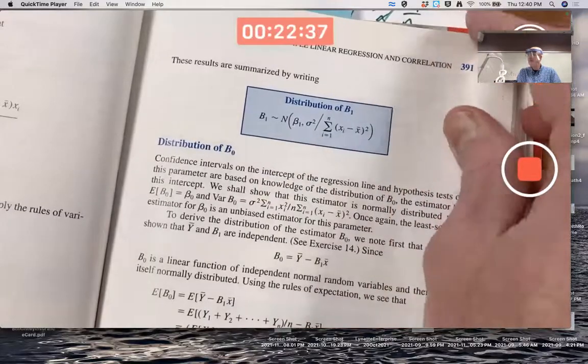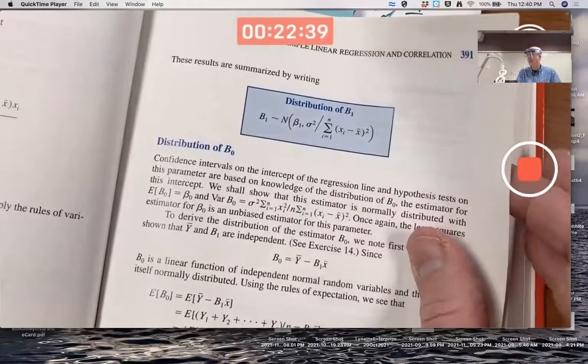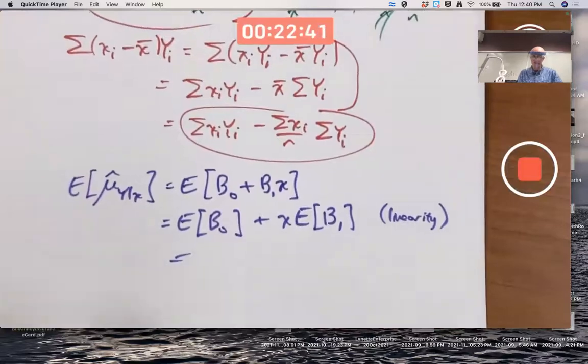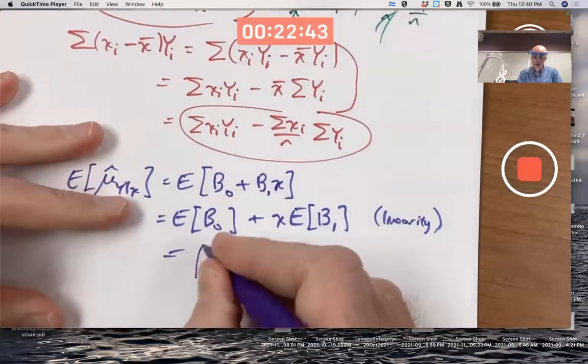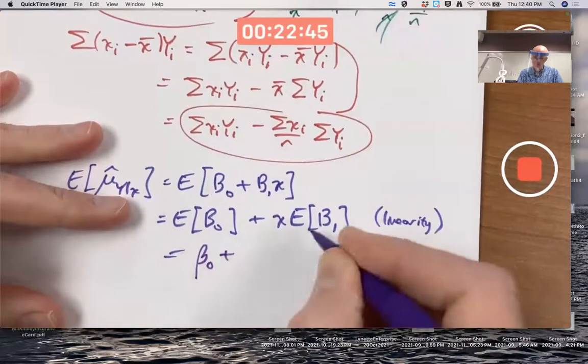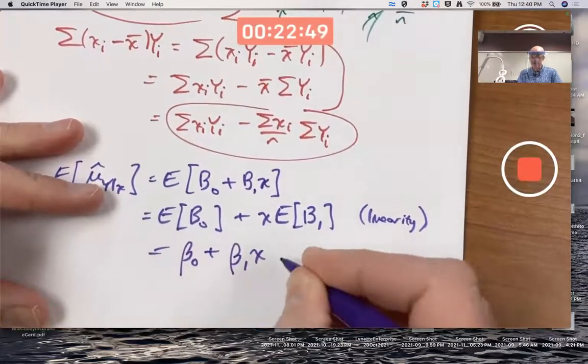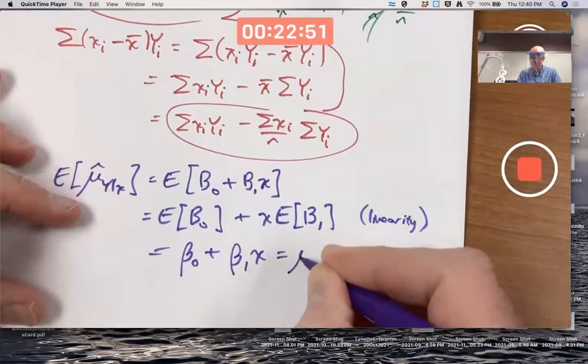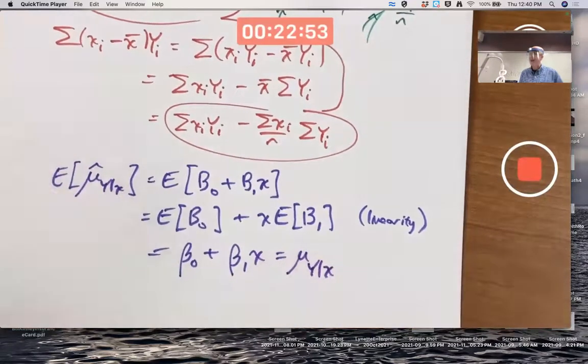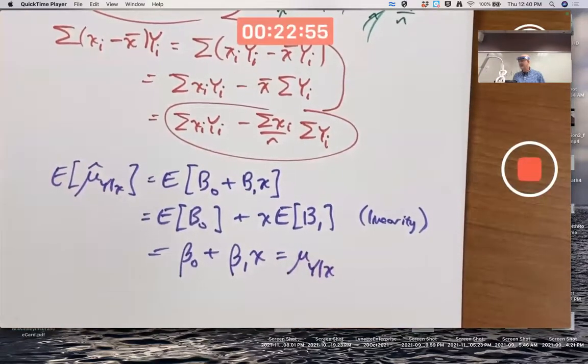And guess what? The mean of B0 is beta 0. This becomes beta 0 plus x times beta 1. And that, based on earlier in chapter 11, is mu sub y given x without a hat. Done. That's all you had to do.